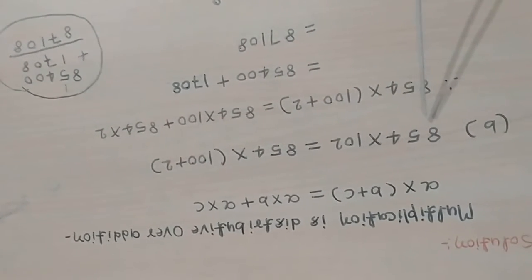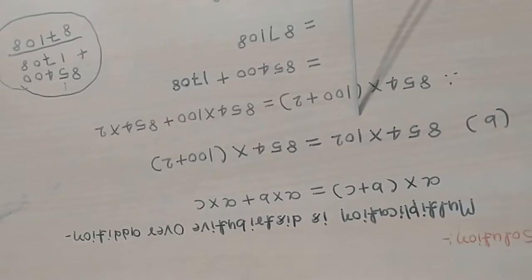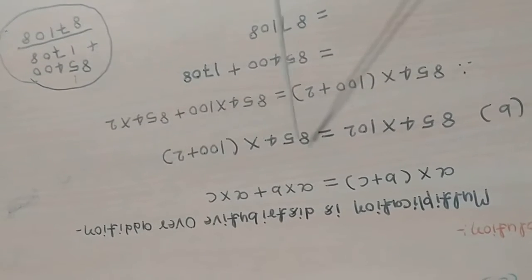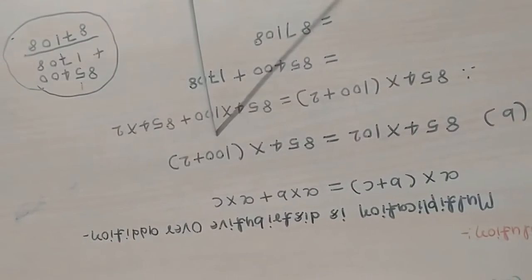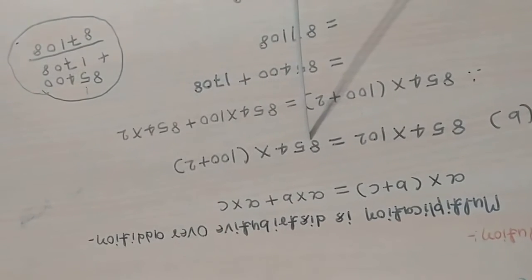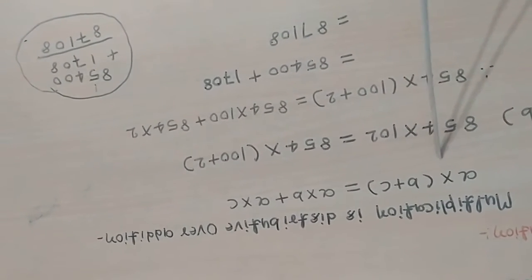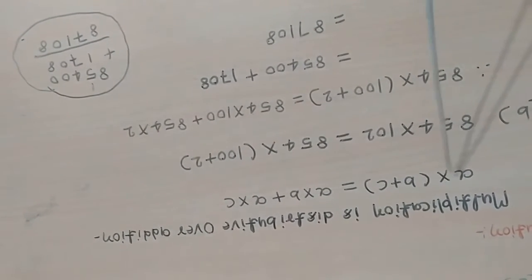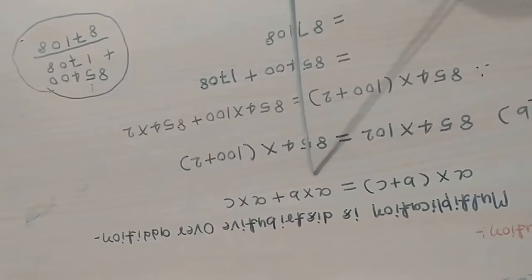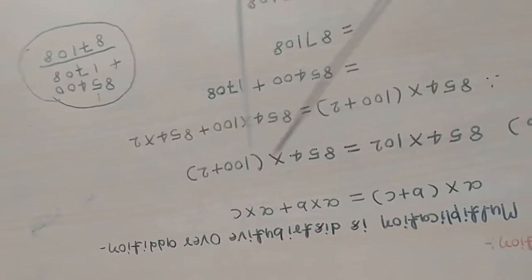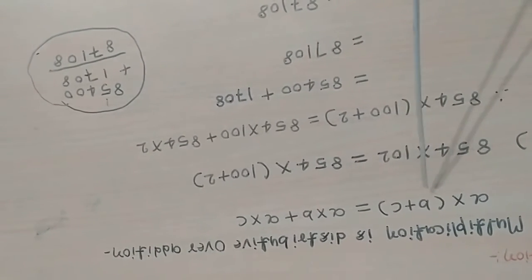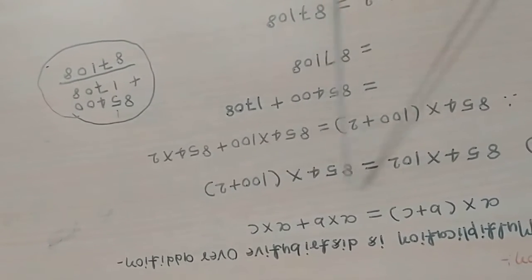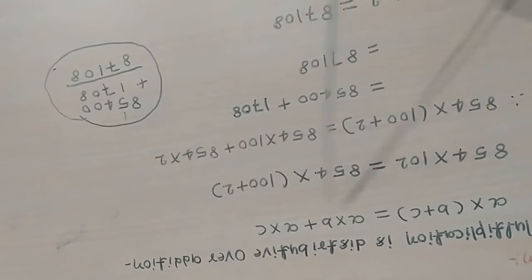Let's see the solution of this part. Here 854 into 102. We break 102 as 100 plus 2, so 854 into (100 plus 2). After this we apply the property that multiplication is distributive over addition: A into (B plus C) is equal to A into B plus A into C. If you compare, A is equal to 854, B is equal to 100, and C is equal to 2.